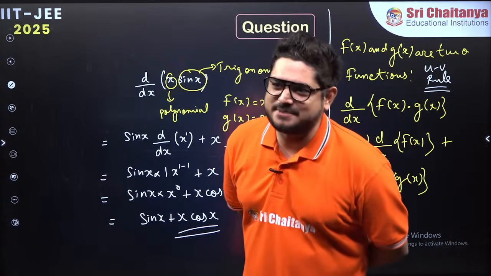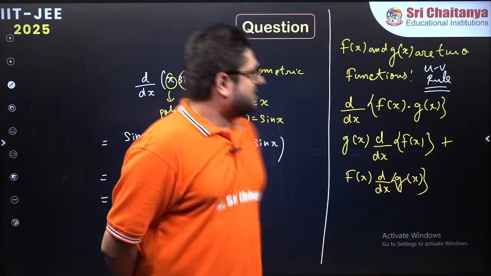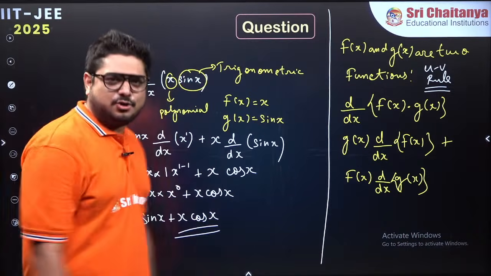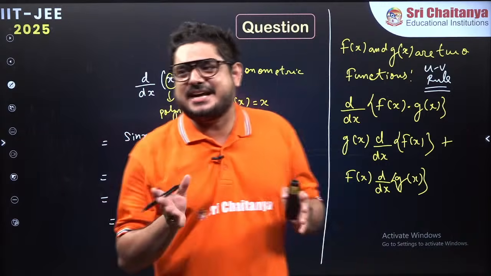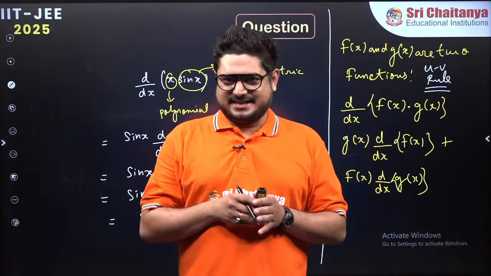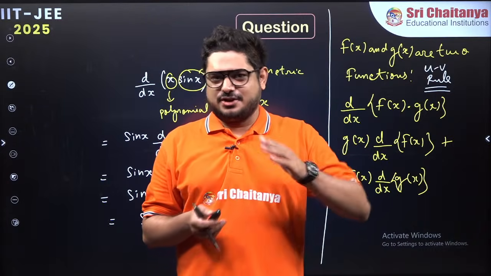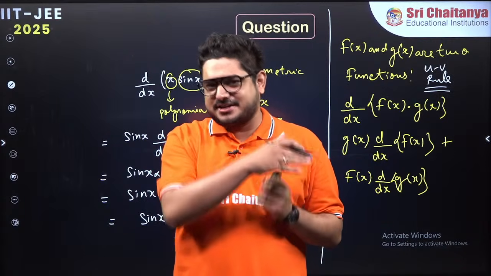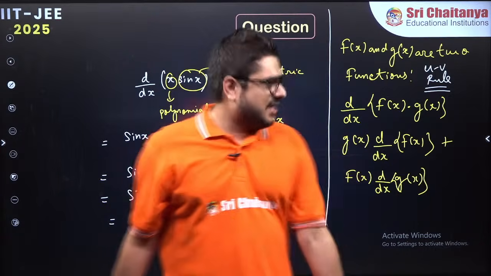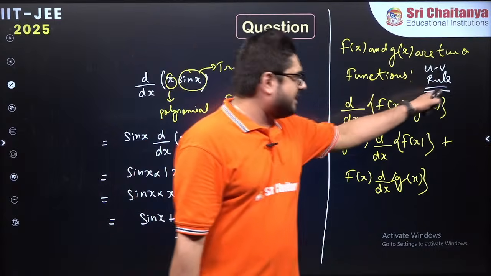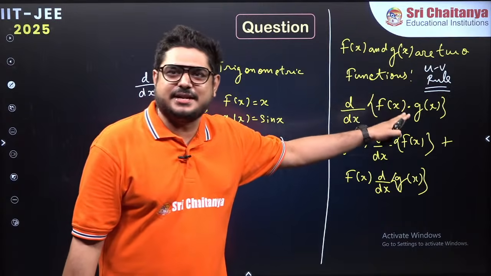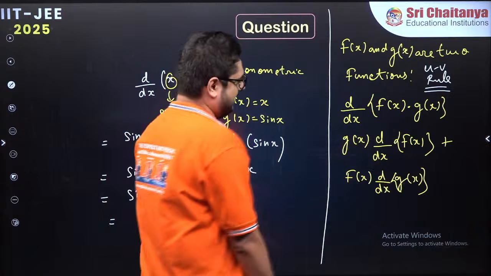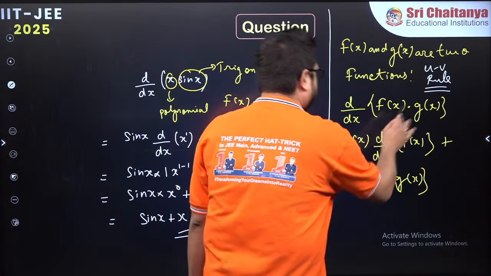Okay, fine, I'm explaining it once again. Over here what we are doing is d by dx of x sin x. There are two functions which are being multiplied, isn't it? x is one of the functions, sin x is one of the functions. So in this case, f(x) and g(x), if there are two functions, we need to use the UV rule. The property is d by dx of f(x) into g(x).